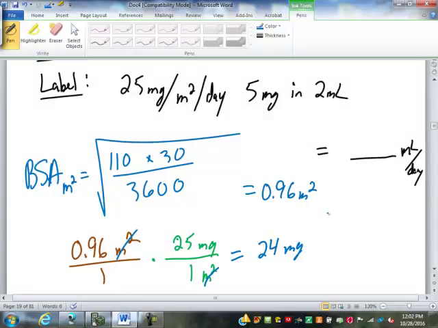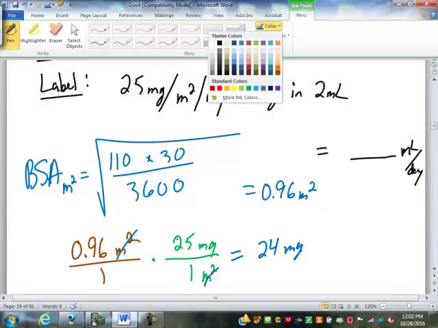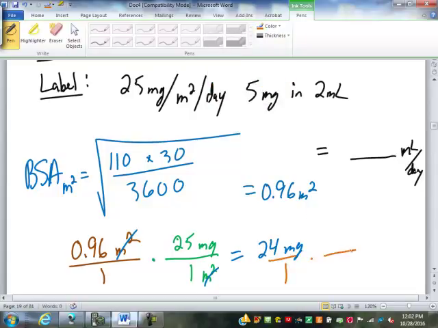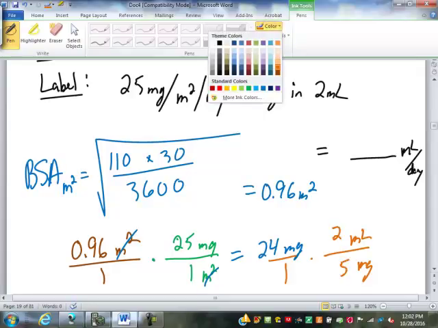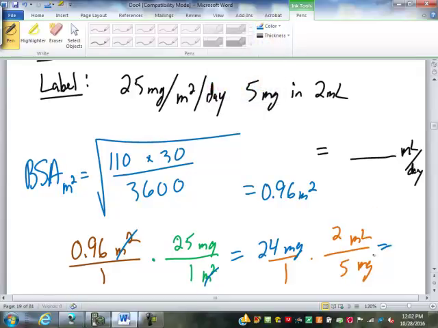Now we wanted this in milliliters, so there'd be one more step. Milligrams to milliliters: there are 5 milligrams per 2 milliliters. So milligrams cancel out. 24 times 2 is 48 milliliters over 5 milligrams. That's going to give us 9.6 milliliters.